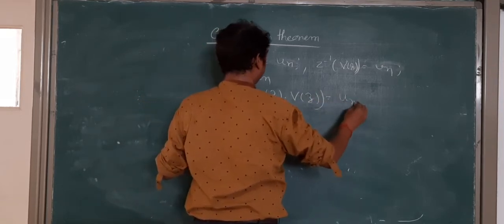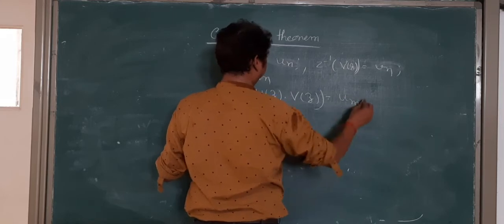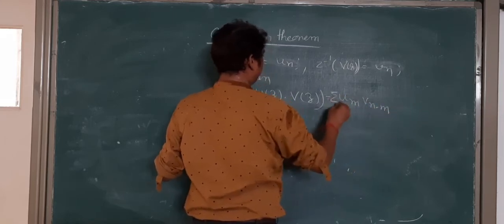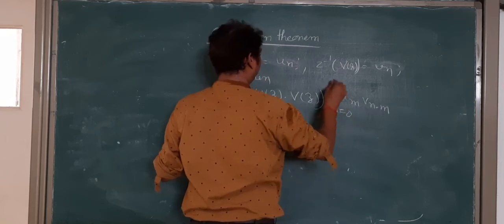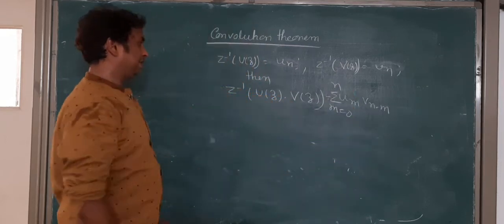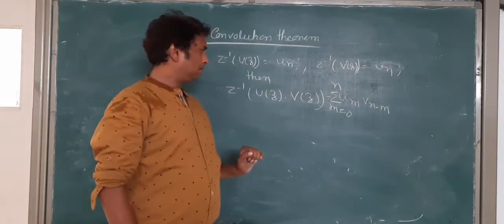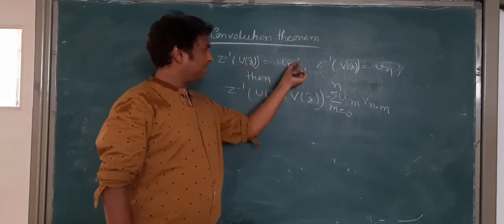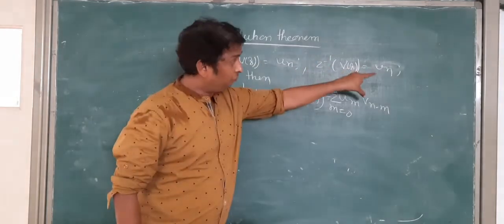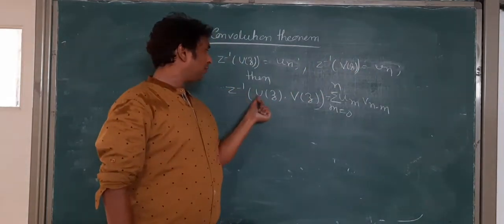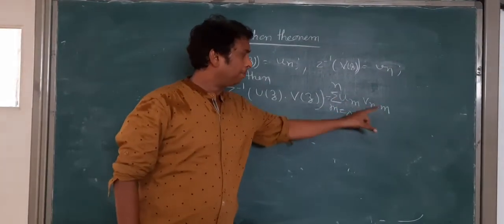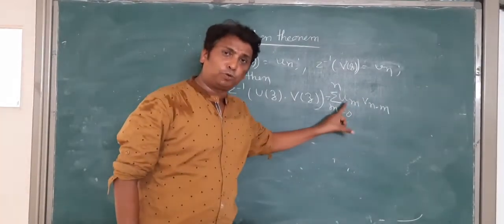This is the summation of u(m) v(n minus m), with m varying from 0 to n. That is simple.